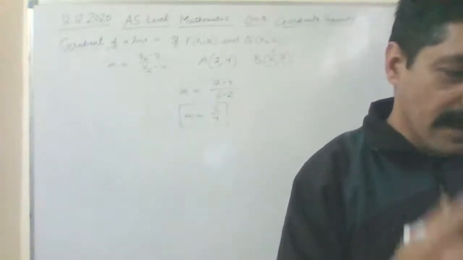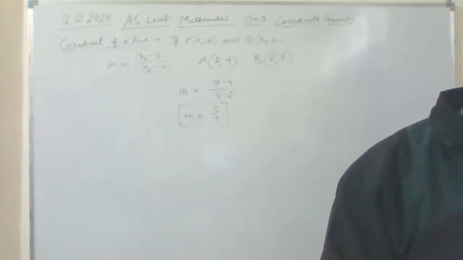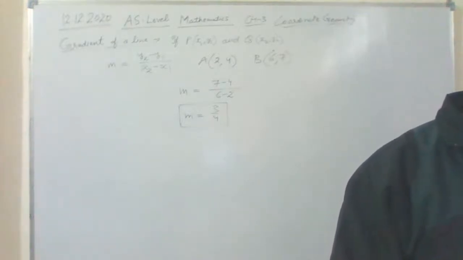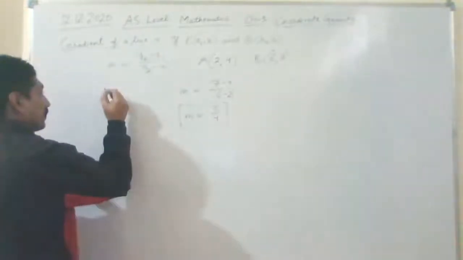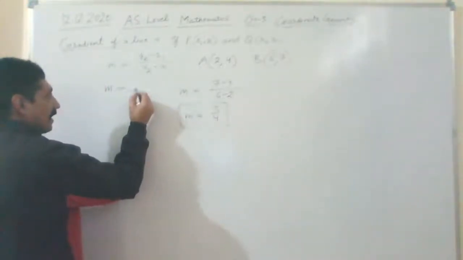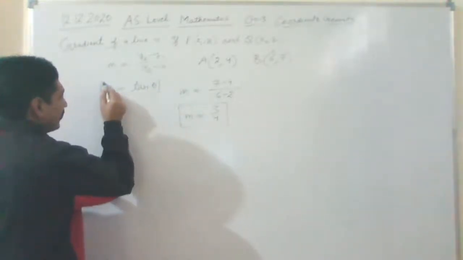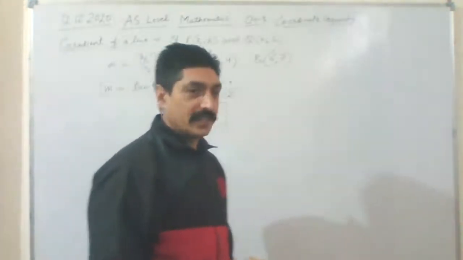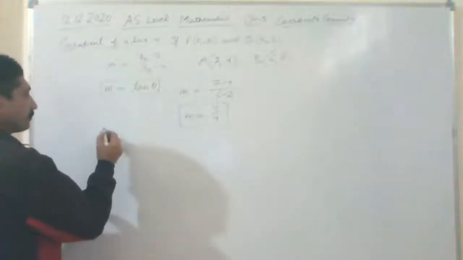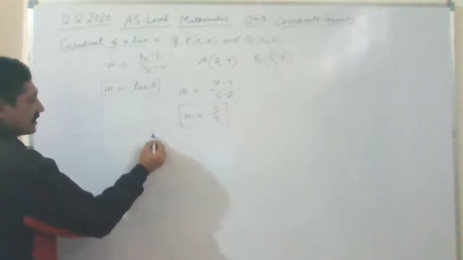So next, m is also defined as tangent of theta. The gradient or the slope is also tangent of theta, because generally, if we have an x-axis and y-axis, right?